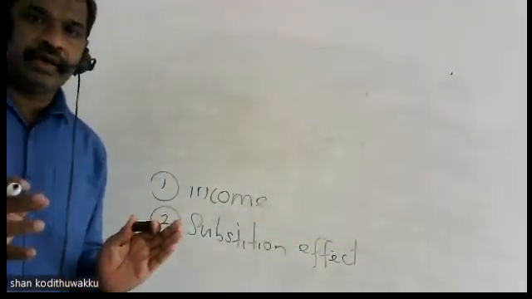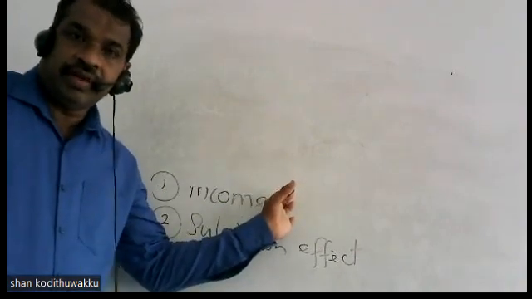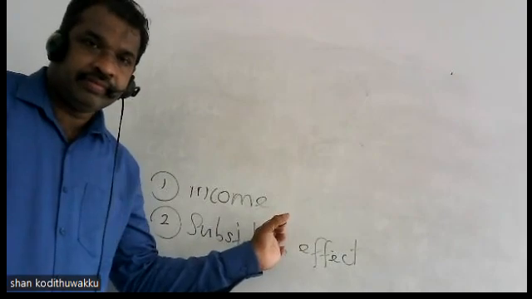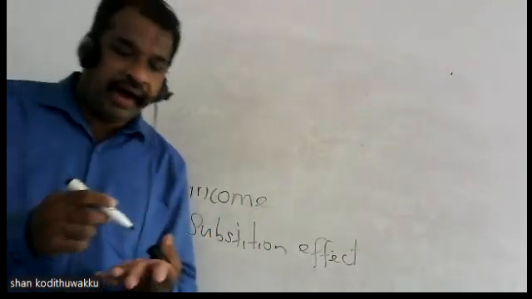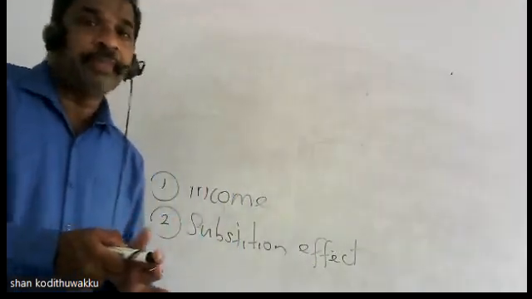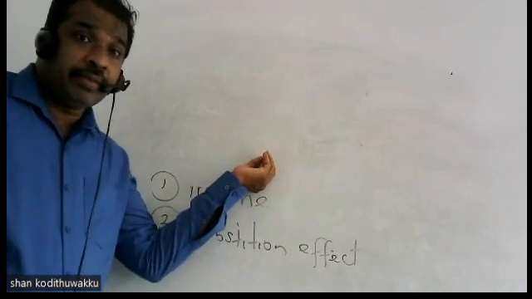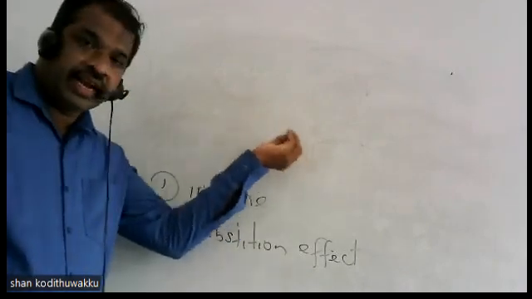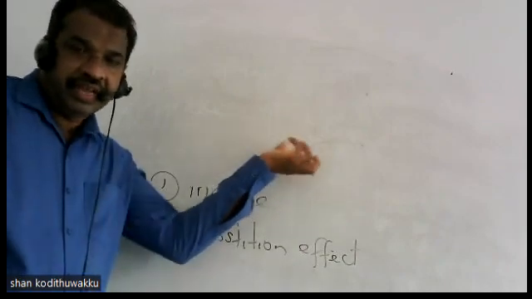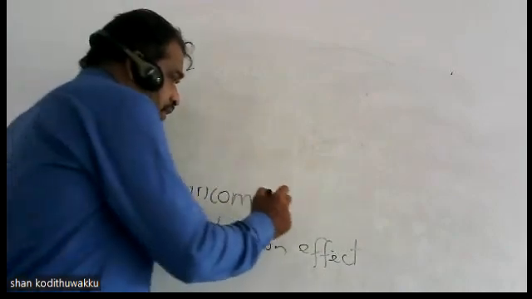The real income of the consumer will decline. Why? What you purchased in the past from the same product, now you cannot buy the same quantity at the current price. Therefore, the consumer's real income will come down. That is called the income effect.